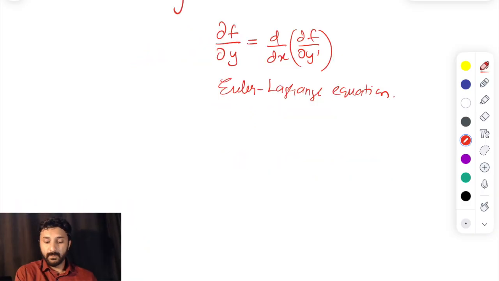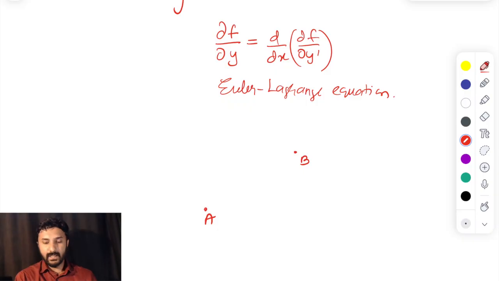So here's a problem. We have 2 points, A and B. They're 2 random points, and we would like to know what is the shape of the paths that connects A and B, which would be the shortest paths. In other words, what is the shape of the shortest path connecting A and B?